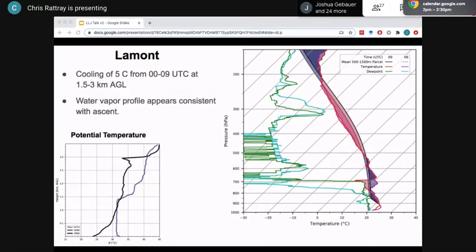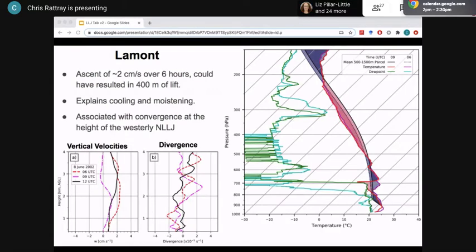And that shows up when we look at the potential temperature profile. We see that it cools by about 5 degrees Celsius from about 1.5 to 3 kilometers. And when we calculate the vertical velocities at Lamont using sounding data, we see that there's ascent of 2 centimeters per second.